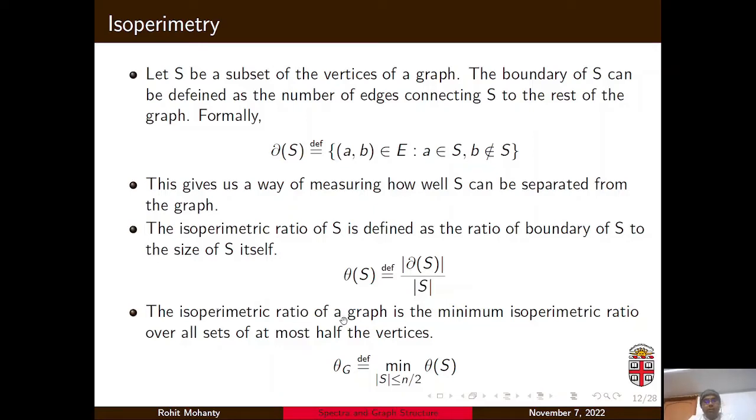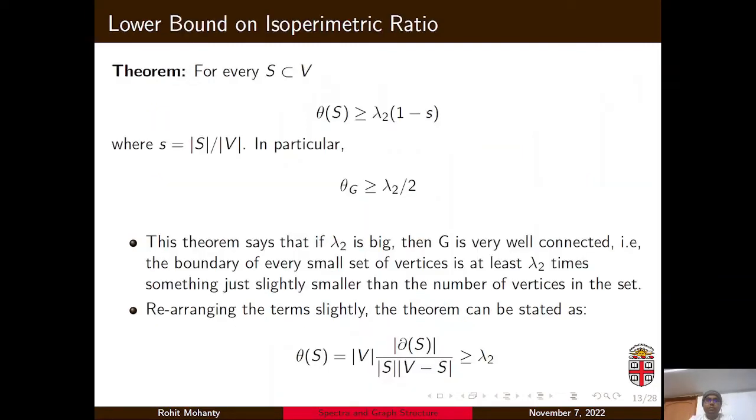Now, the isoperimetric ratio of a graph is the minimum isoperimetric ratio over all sets of at most half the vertices. That is, theta G is defined as the minimum of theta S, where mod S is less than or equal to n by 2. Now let's talk about the lower bound on the isoperimetric ratio.